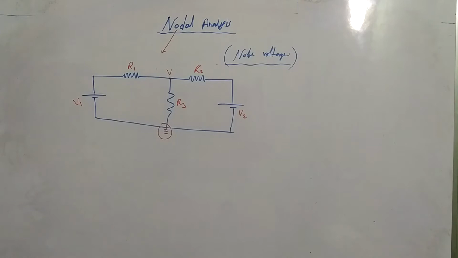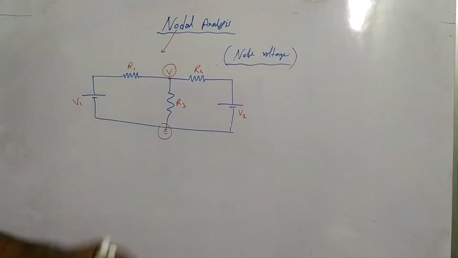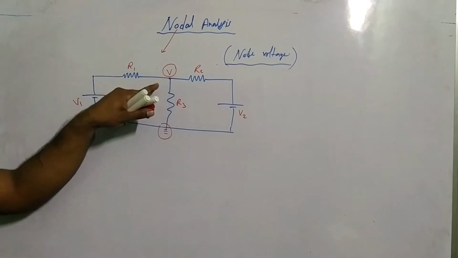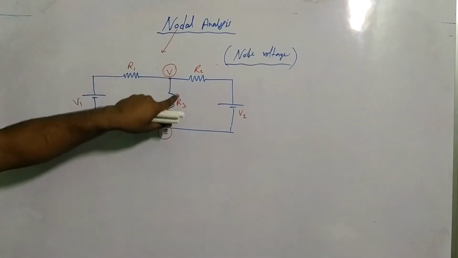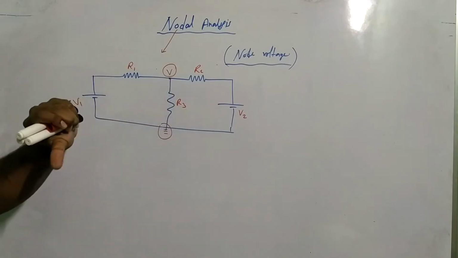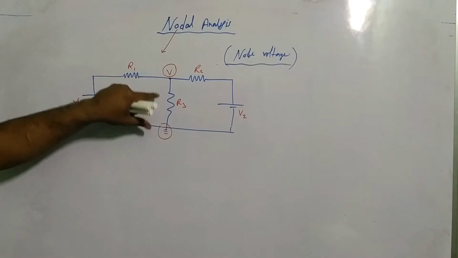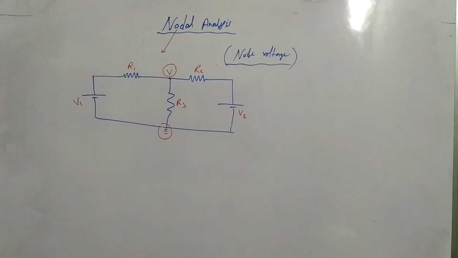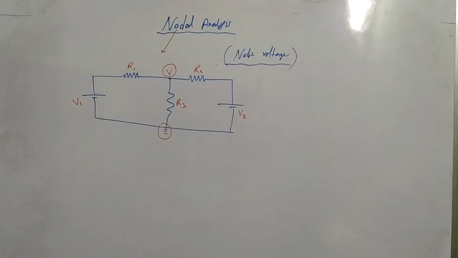Now if I find this point voltage or node voltage, then we can say that this voltage is also across the R3 resistance. That means the voltage across R3 is also called node voltage. So how to find the node voltage?